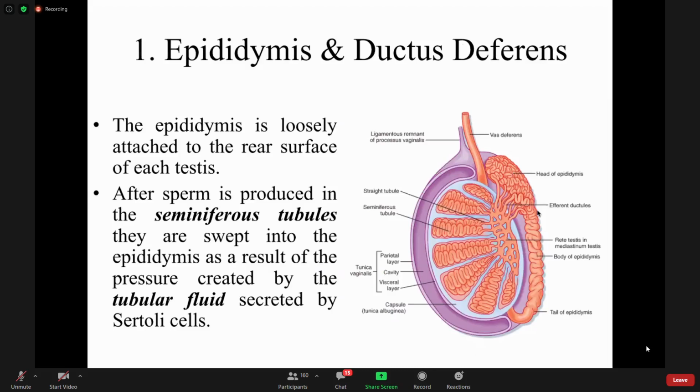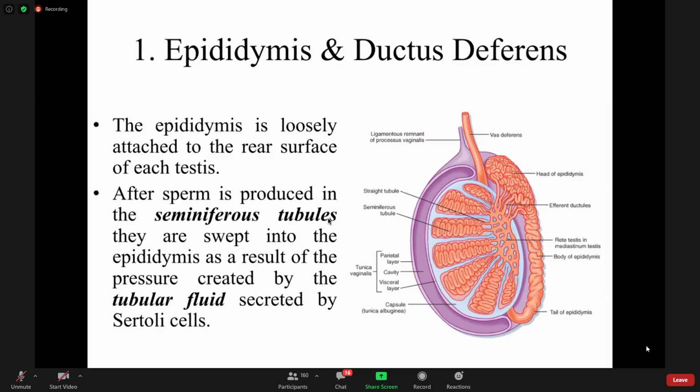Now, the epididymis is a structure that is loosely attached to the testes, and it can be felt if palpated. Next to the epididymis, there is a muscular tubule called the vas deferens.